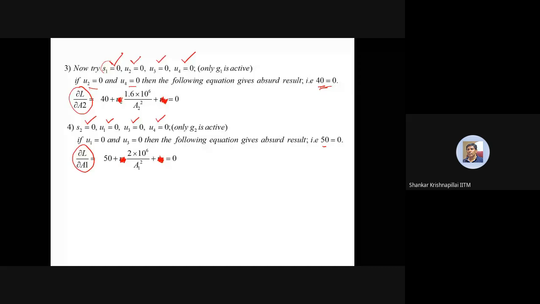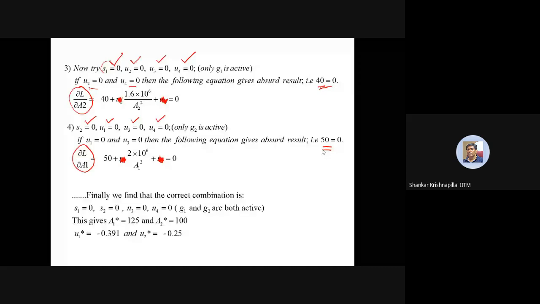Finally, after a lot of trial and error, we find that the correct combination is S1 equal to 0, S2 equal to 0. That means the first constraint is active and the second constraint is active, and the fourth constraint is inactive.